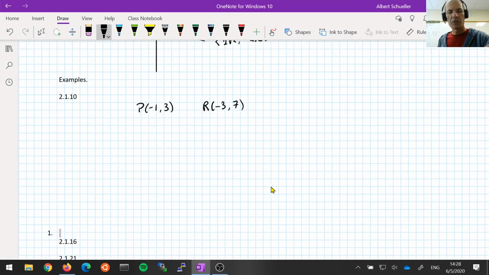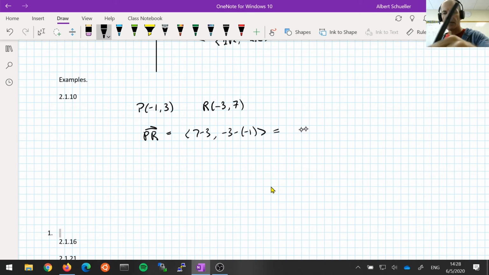First thing we should do is compute PR, and we can compute this simply by subtracting coordinate-wise: 7 minus 3 and negative 3 minus negative 1, and that yields the vector 4, negative 2. That's not a unit vector, or at least I don't think it's a unit vector.